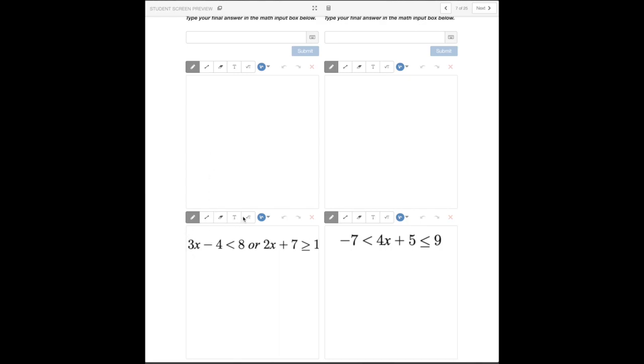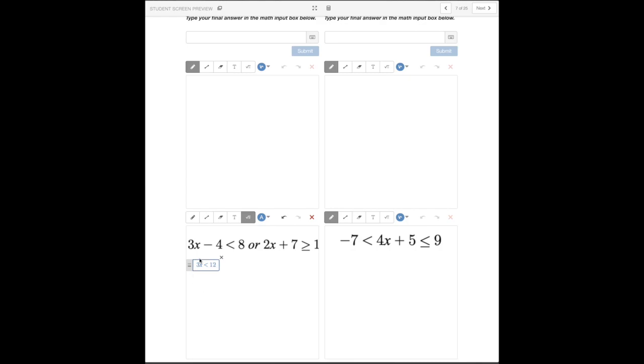Okay, so I look at this inequality first, and I'm going to solve this one first. I need to add 4 to both sides to get rid of the 4 over here. When I do that, I'm left with 3x is less than 8 plus 4 is 12.